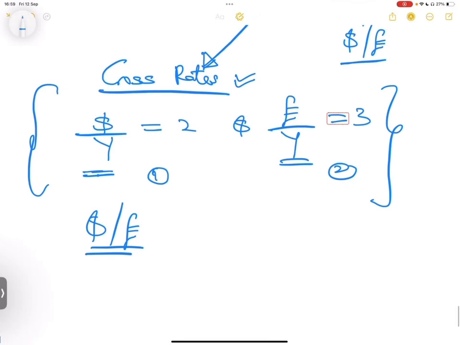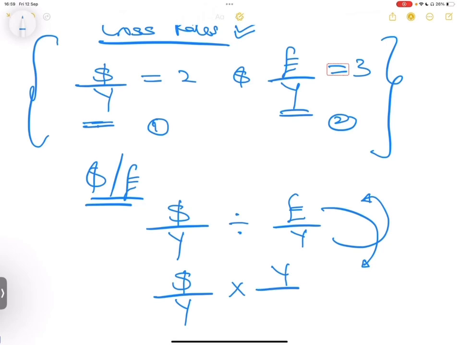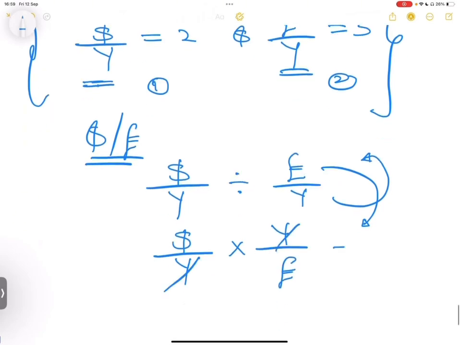Exactly. So when you divide equation 1 by 2, it means you're saying dollar over yen divided by pounds over yen. And if you remember your mathematics, to change this division to multiplication, this will have to go up and this will have to come down. So this becomes dollar over yen multiplied by yen over pound. This cancels out, and this becomes dollar over pounds that we want.